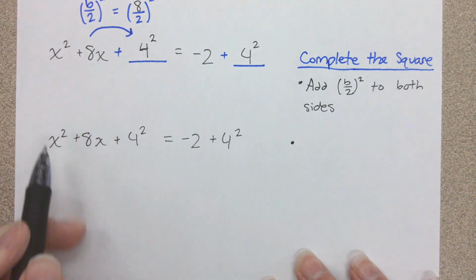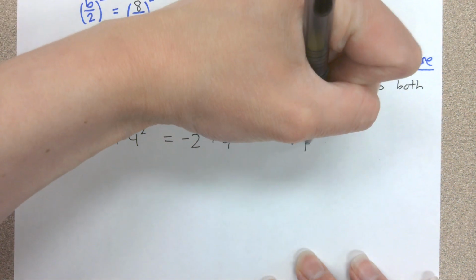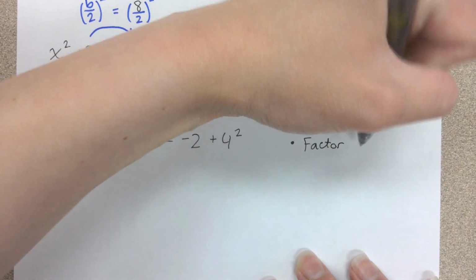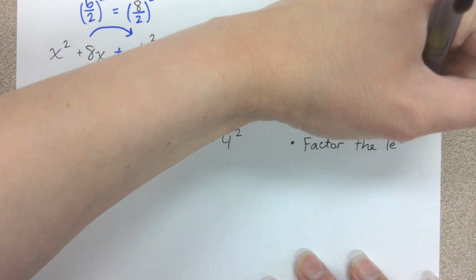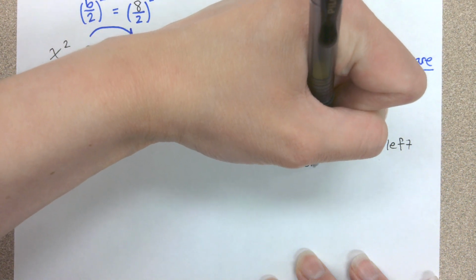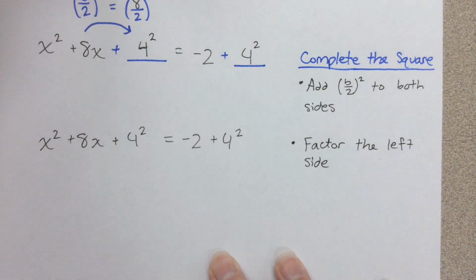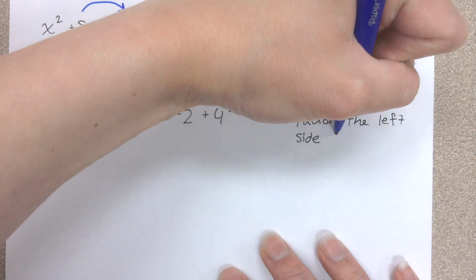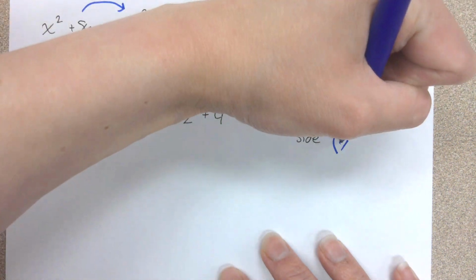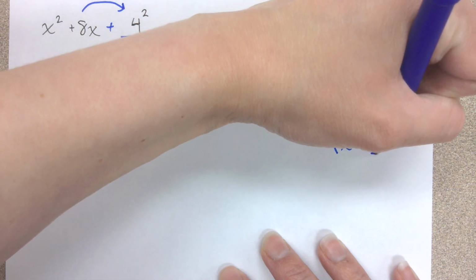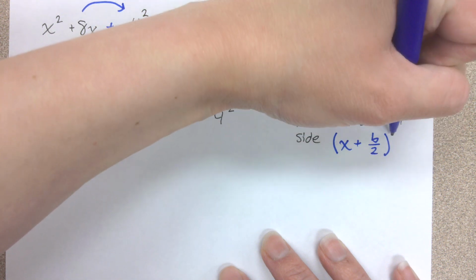So once you do that, you're going to factor the left side. And when you factor it, it's just going to become x plus that b over 2 term squared.